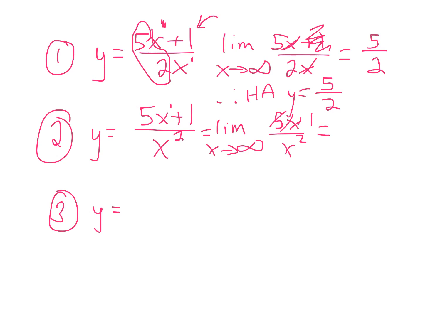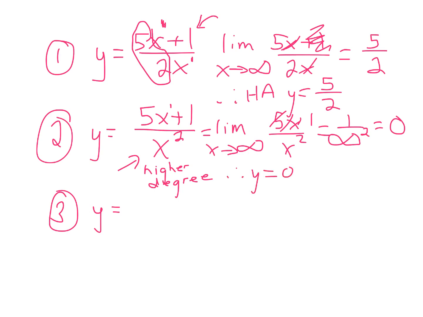So when I put in my infinity for x, it's going to give me 1 over infinity, or in this case 1 over infinity squared, and the limit of that value is 0. So anytime that the denominator has a higher degree or a higher exponent than the numerator, the HA is always y equals 0, always.